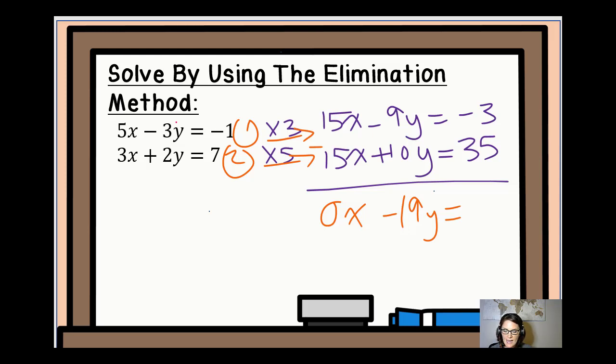So 15x minus 15x is 0x, negative 9 minus 10 is negative 19, and negative 3 minus 35 is negative 38. So just be careful with your signs there. So the last thing we're going to do is we're going to divide each term by negative 19. So y is equal to 2.